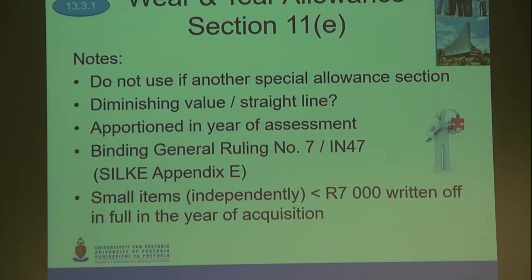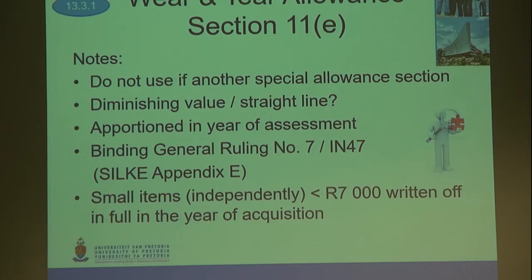Now interpretation note 47 gives us a little bit more detail as well. One of the things this interpretation note tells us is that if you are purchasing an asset whose value is less than 7,000 Rand, you can claim that asset immediately in the year of assessment. So you don't have to go to the list and figure out the number of years. You're simply going to write off the full amount in the year of assessment that you bring it into use.